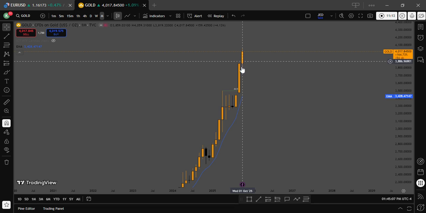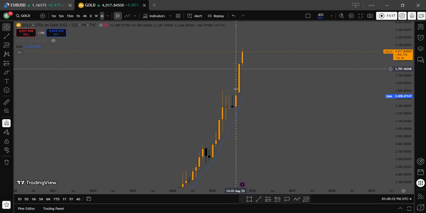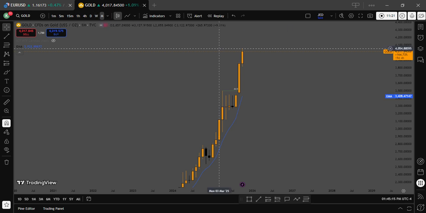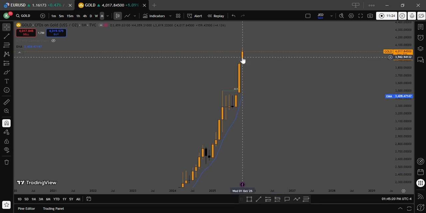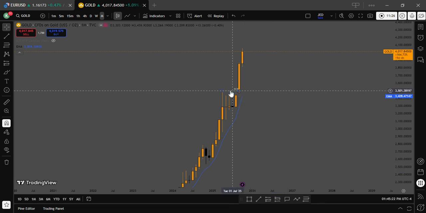But as we speak, it hasn't done anything that confirms the push down. So for now, like I said, if we have a close below this particular high, it's possible we might have some pushes.